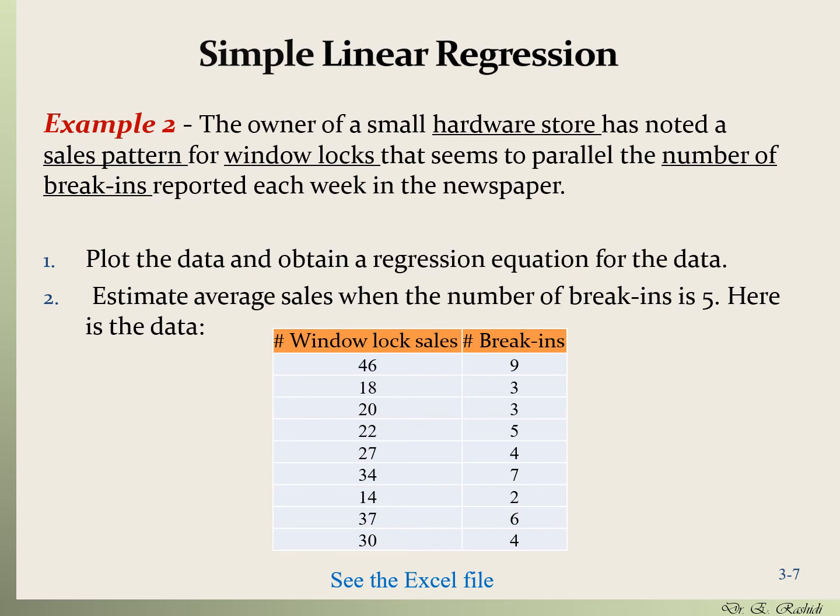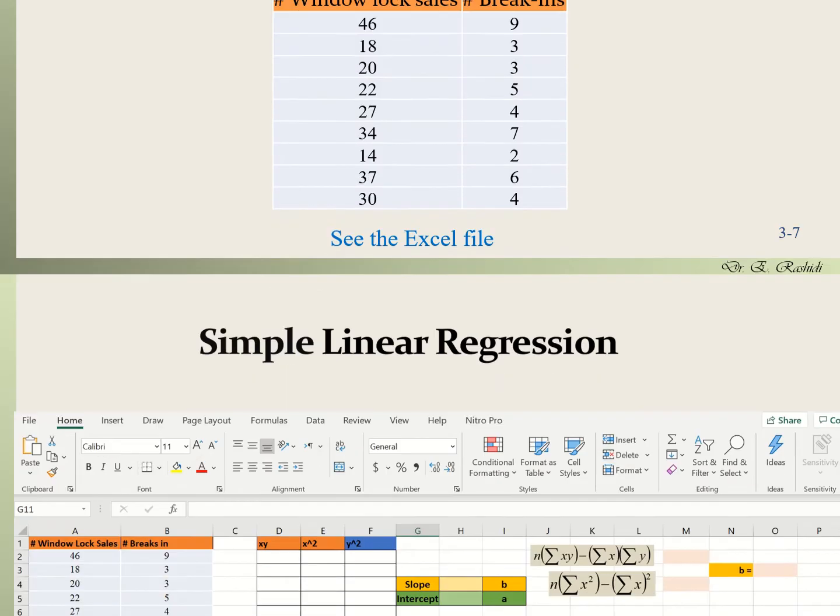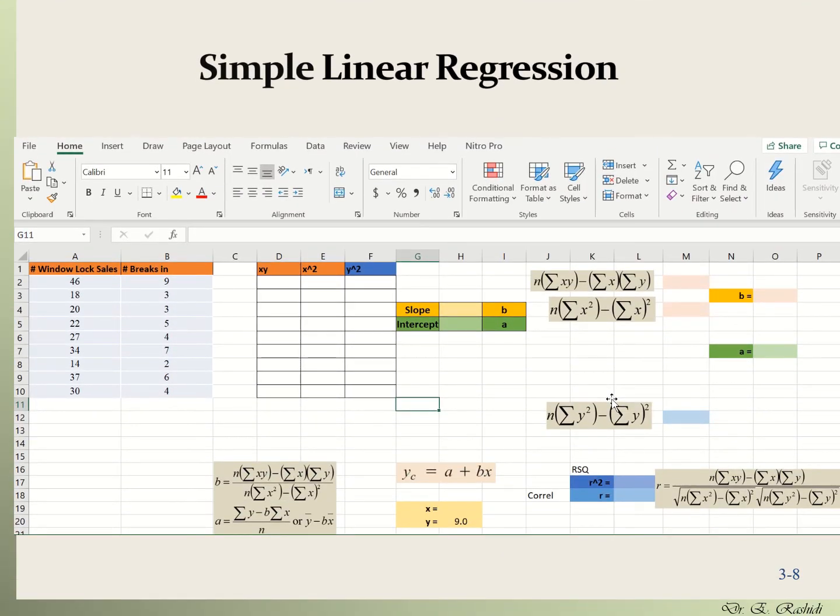So let's go ahead and do that in Excel. So we have the data here for the problem. The first column is the number of window lock sales, and the second column is the number of break-ins. The first thing we need to figure out is the dependent variable and the independent variable.